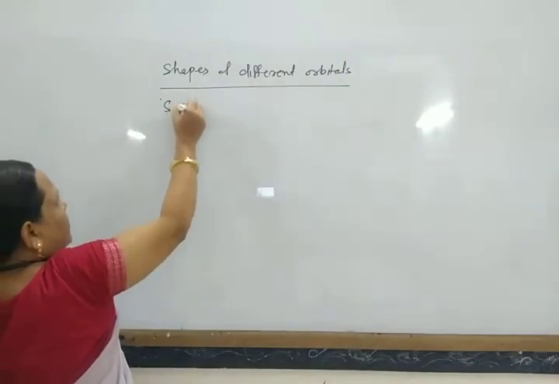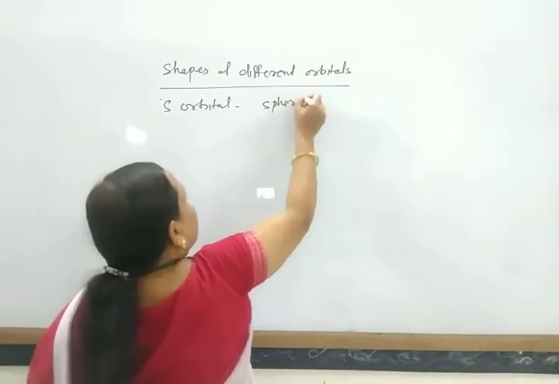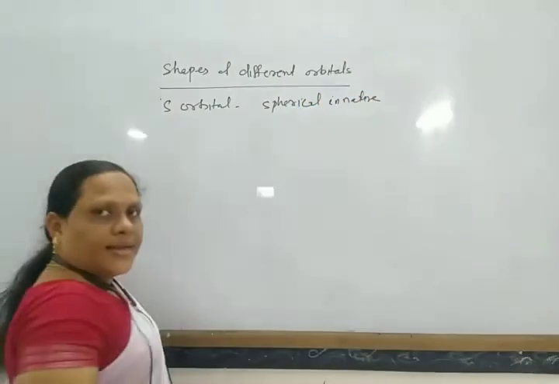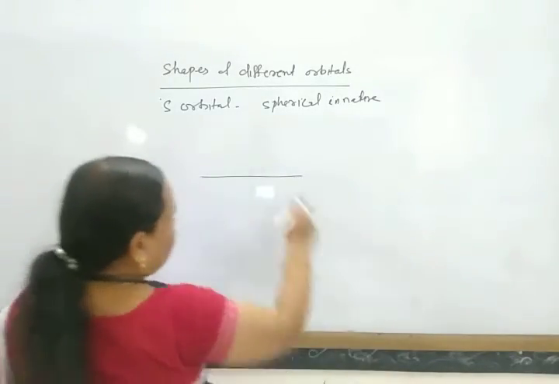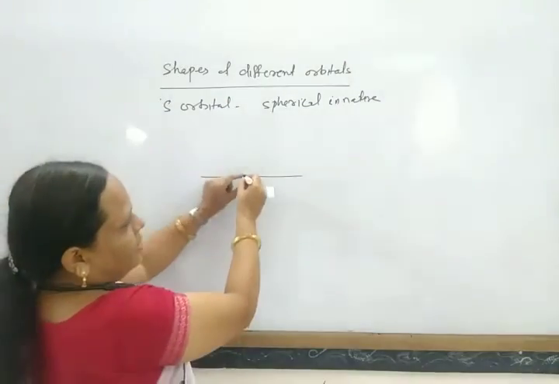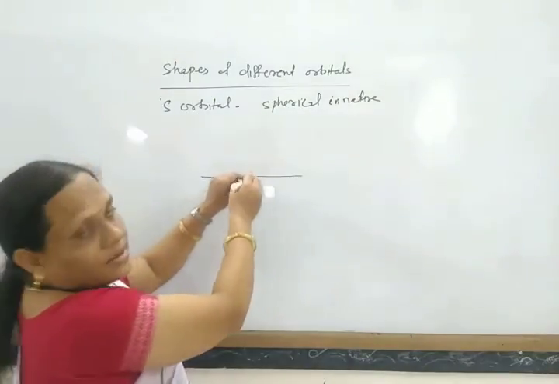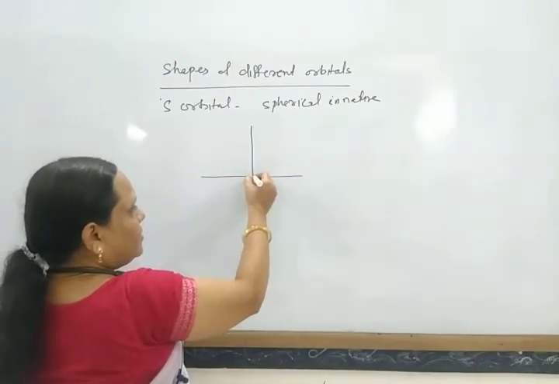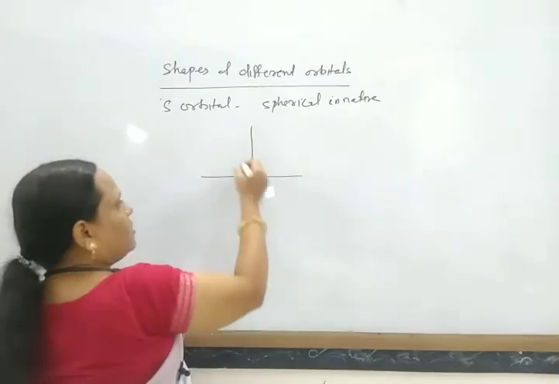First, the s orbital. This is spherical in nature. In the x, y and z axes, suppose this is the x axis, this is the y axis, and the z axis remains one above the board and one below. We cannot express this well, so we generally represent it this way: one axis above the plane, another below the plane.